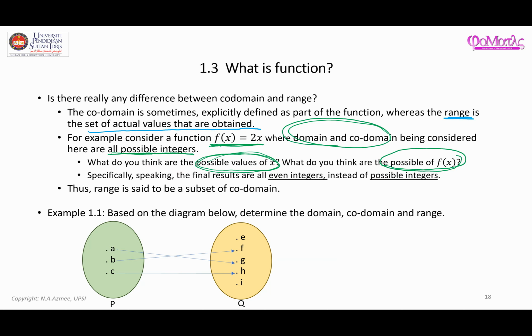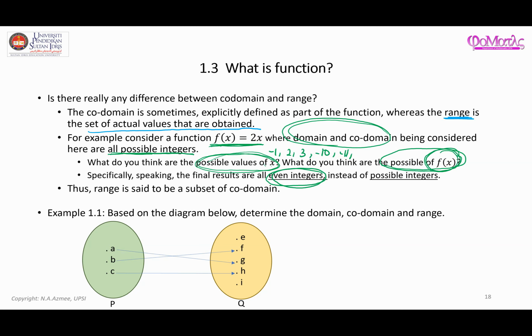Since x here can be all possible integers, it can be -1, it can be 2, it can be 3, it can be -10, it can be -11, anything as long as they are integers. You can see that when you have these values of x and you multiply with 2, the possible values of f(x) are going to be even integers.